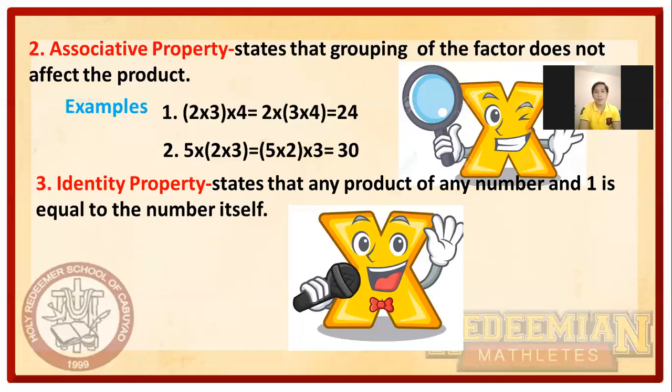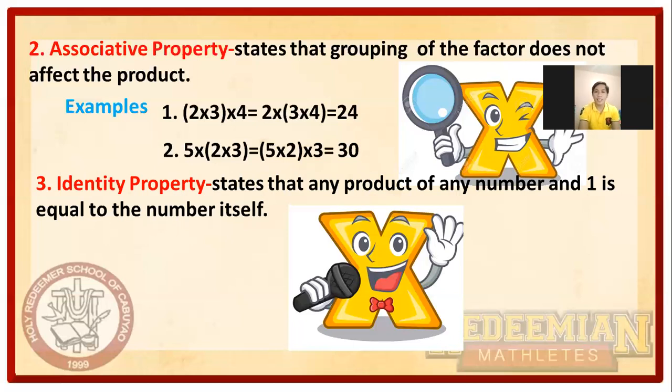Another property is the identity property of multiplication. It states that the product of any number and 1 is equal to the number itself. So 1 is the identity of multiplication. Any number multiplied by 1 is equal to the same number.